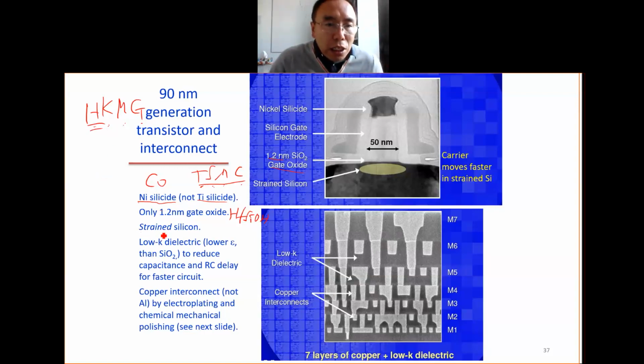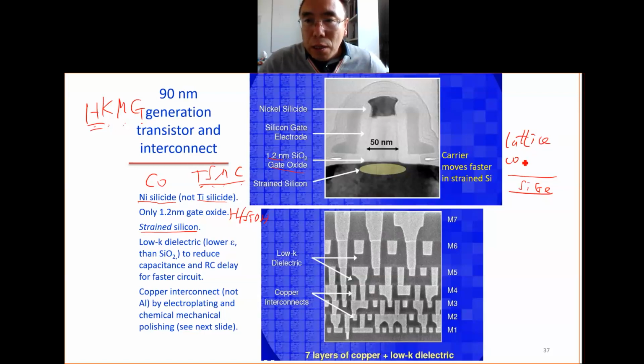Another trend is strained silicon. How to strain the silicon? If we dope some silicon germanium into the silicon, the lattice constant of silicon germanium will be higher than that of silicon, because the germanium atom is bigger than silicon.